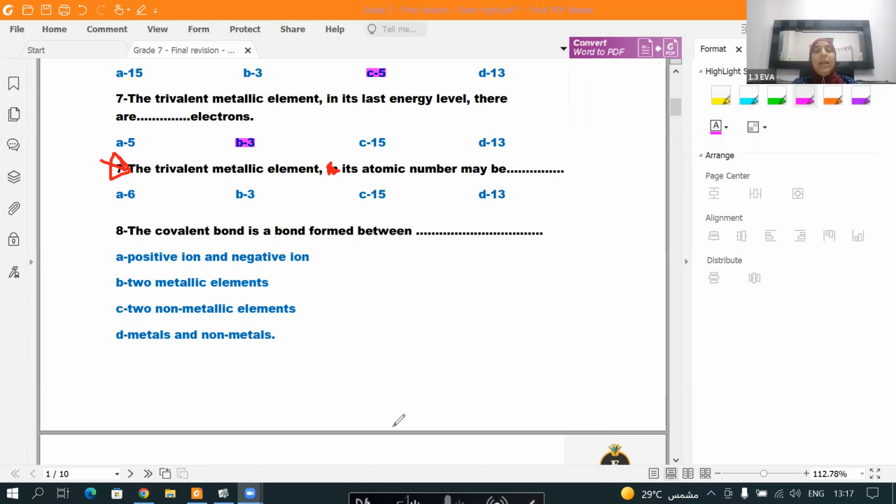Look at this question. We said that for the trivalent metallic element, the last energy level must contain 3. So here, this is atomic number 6. Distribute 6, the electronic configuration for this element.